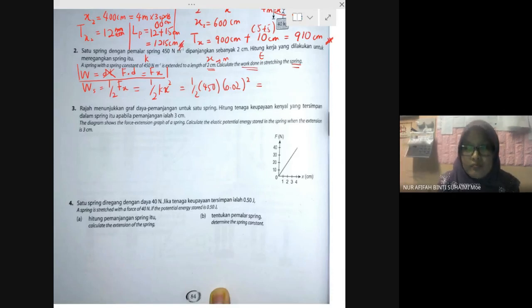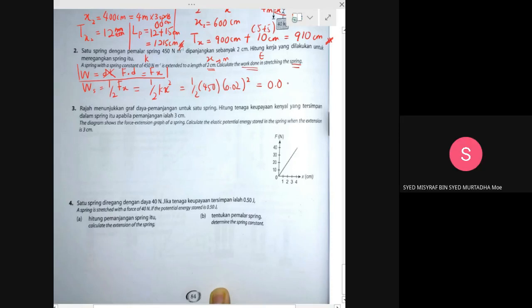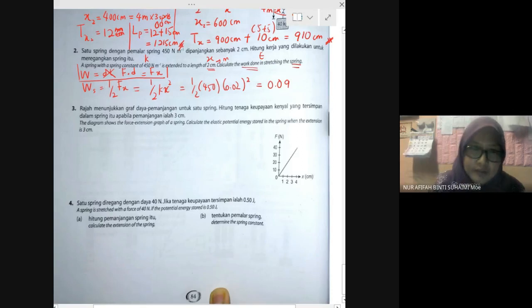Ada calculator tak? 0.09. Okay, 0.09. Unit is? Unit for energy. What is the unit for energy? W. Watt.